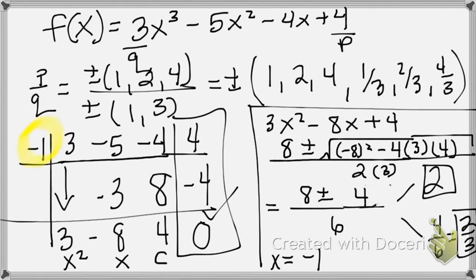That's what we used to do the synthetic division. 2 and 2/3. Do we have all the solutions to that polynomial? Well, since it's a third degree, we have 3 solutions, so this checks out. And that is how you would find the solutions to that polynomial.